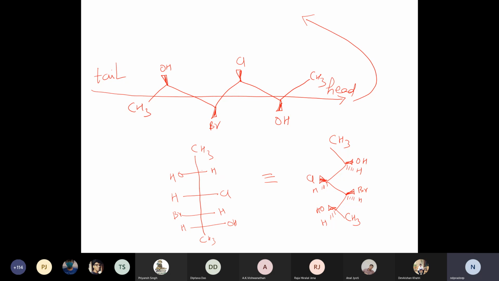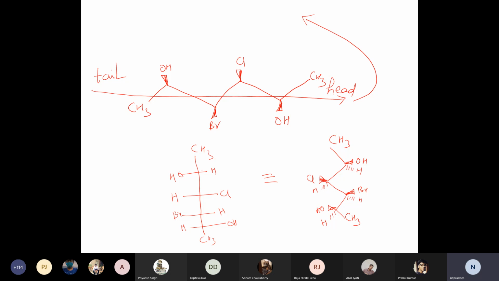If there are different types of groups, isn't there a rule where we keep the most oxidized group on top in the Fischer? No, don't do that. Keep your head on that side and tail on this side. That is easier. Otherwise it will be more confusing. It is a convention. We won't mention it.